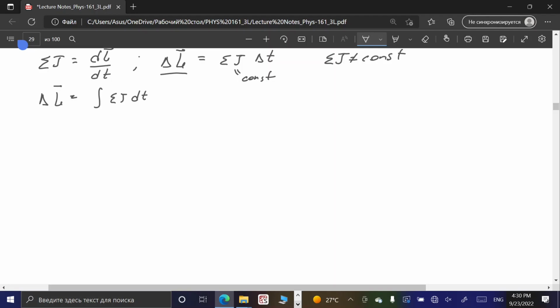So for this purpose, let us have some symmetric rigid body, which is some disk. Here is this axis.